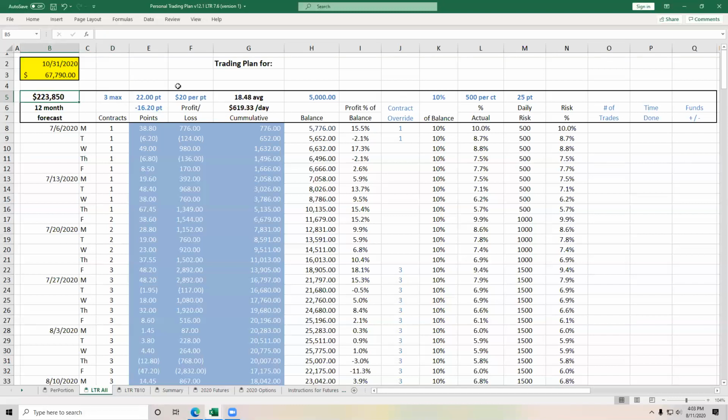If for some reason I thought that I needed more than $223,000, or I felt confident in all of the data, felt confident trading the adaptive entry system, I felt confident in listening in as we provide price targets in the room and Elliott wave analysis and discuss fractals and the Virgin bars and all the other things that go into successful trading, if I felt like I needed more, it's a very simple adjustment here to say, I know it's not going to exceed more than 10% of the balance of my account. I'm willing to go to 4 contracts, or I'm willing to go to 5 contracts. This is completely within your control as long as you have a realistic forecast and a realistic view of what you're doing.